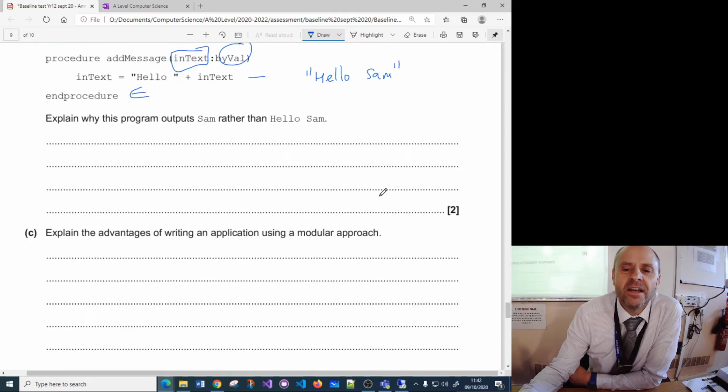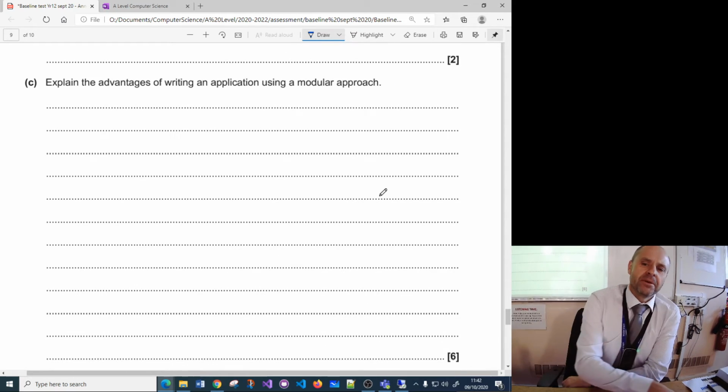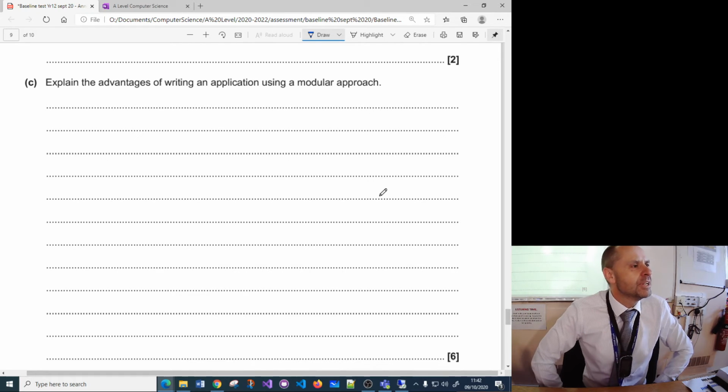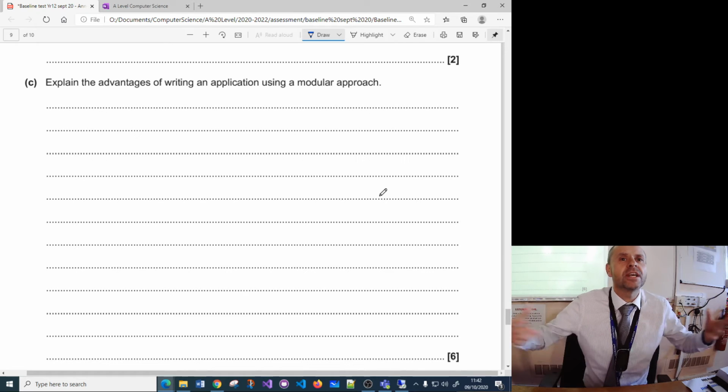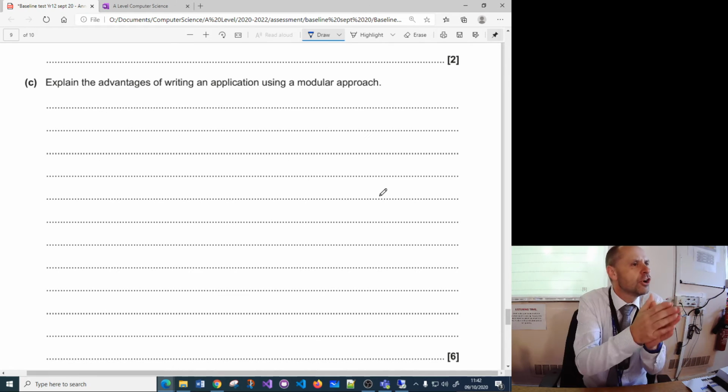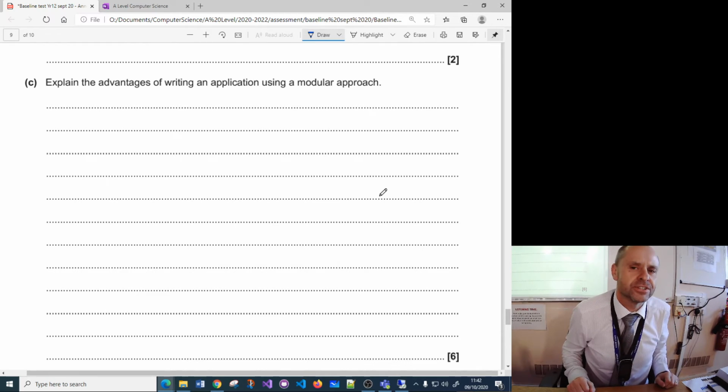The next bit, modular approach, is how we're going to tackle everything that we do when we program. Modular just means using decomposition to break things up. So we write snippets of code and we store them as functions, procedures.